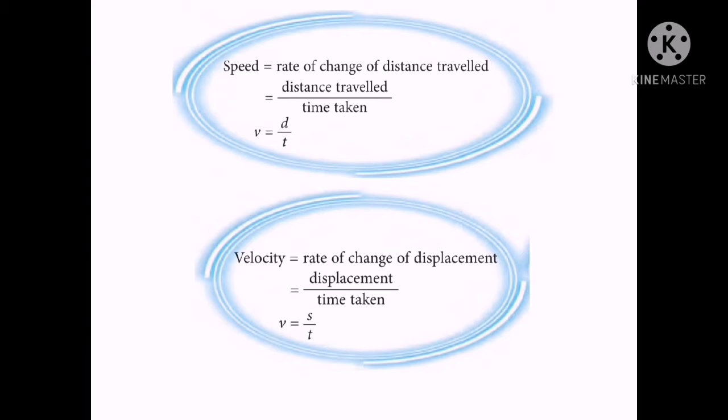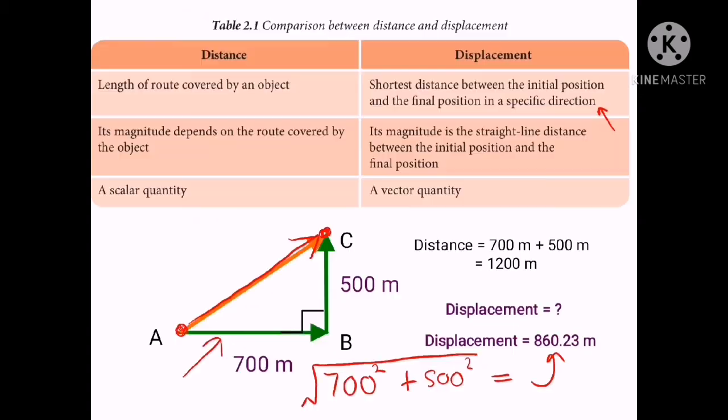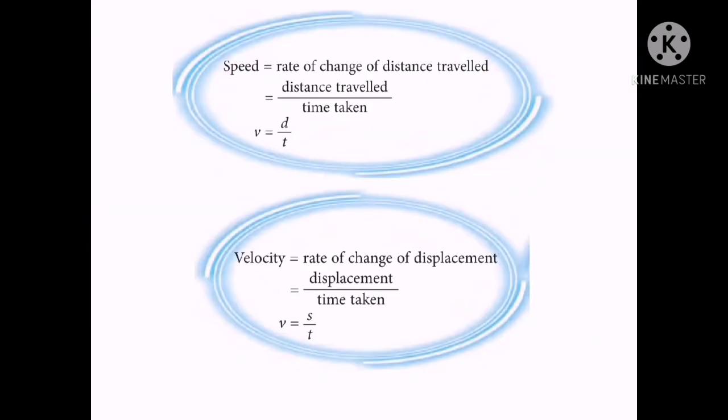Speed is scalar quantity, whereas velocity would be vector quantity.